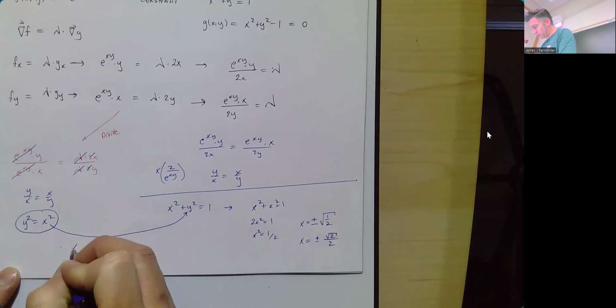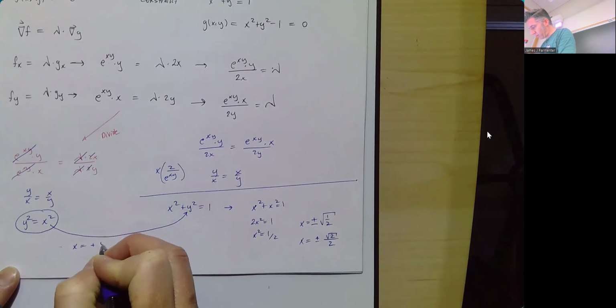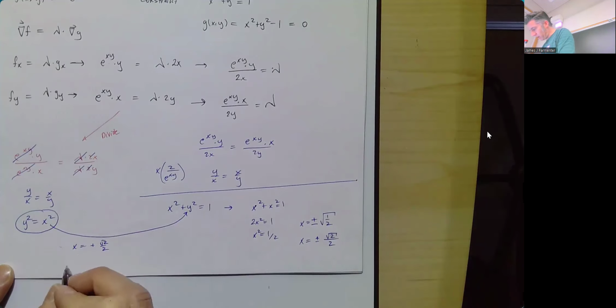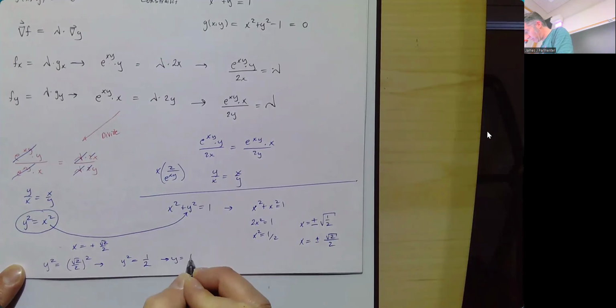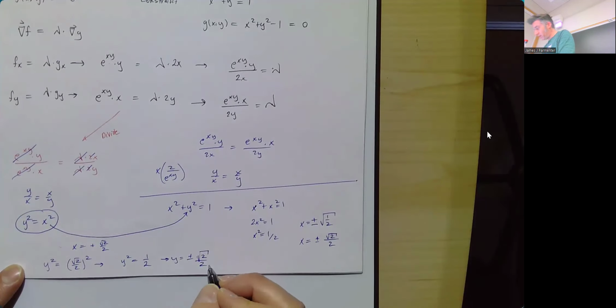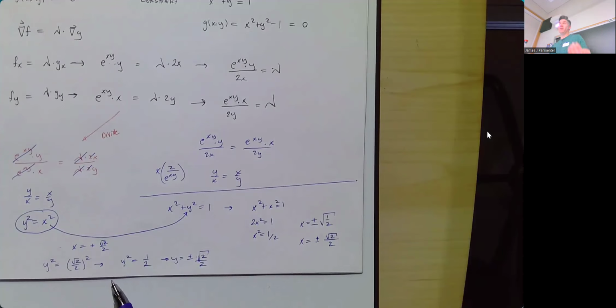If x equals positive root 2 over 2, then y squared equals root 2 over 2 squared, which means y squared equals 2 over 4, which is 1/2, which means y is equal to plus or minus the square root of 1/2, which is root 2 over 2. So if x is positive, y could be positive or negative. And similarly, if x is negative, you still get the same result. y could be positive or negative.